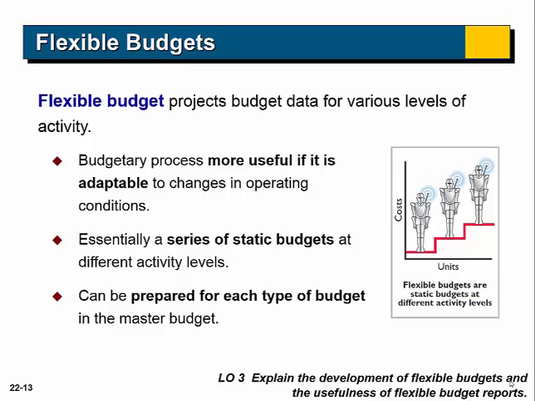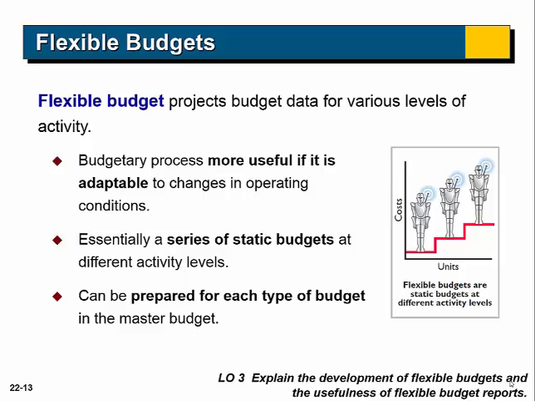When we're talking about units of activity, how many did we expect to sell versus what we actually sold, we are going to be taking that original master static budget sales price per unit and using the actual quantity. And then we're going to compare the quantity and the dollar per unit we expected to sell it for against the actual quantity sold and the actual dollar amount it was sold for. Then we can analyze the differences. So we're going to flex our budget in order to get more useful information.